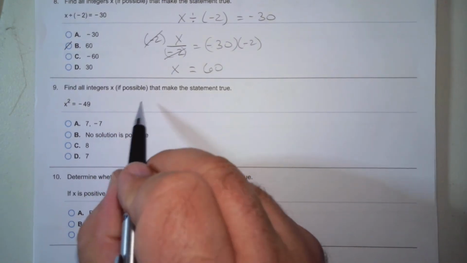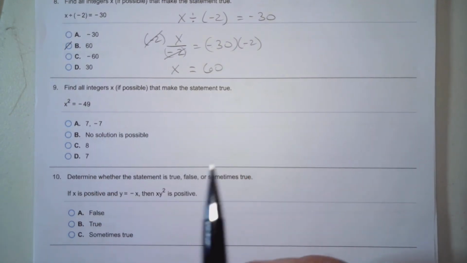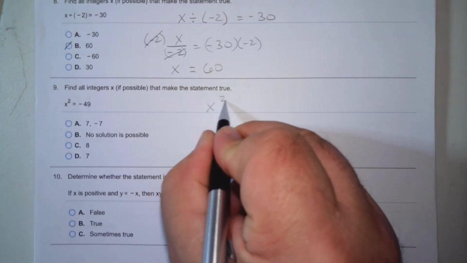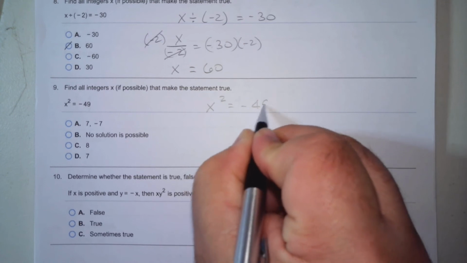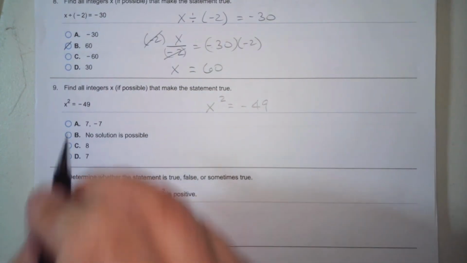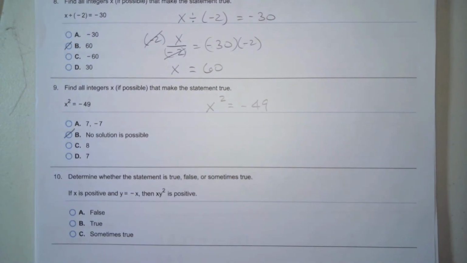Find the integers, if possible, that make the statement true. x squared equals negative 49. Not possible.